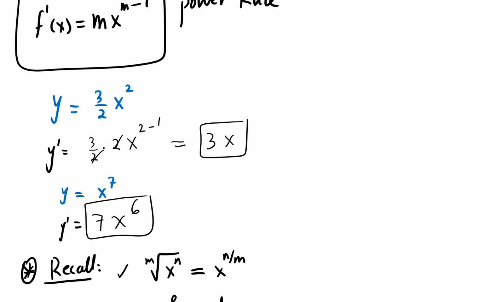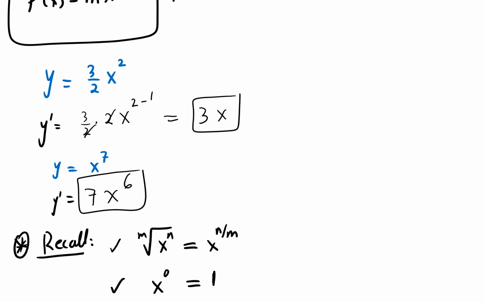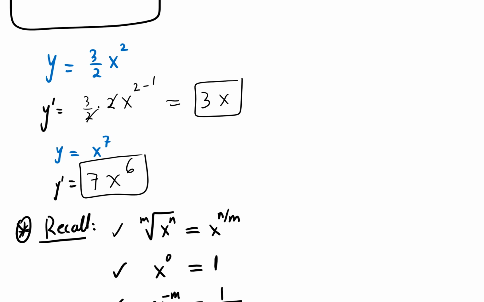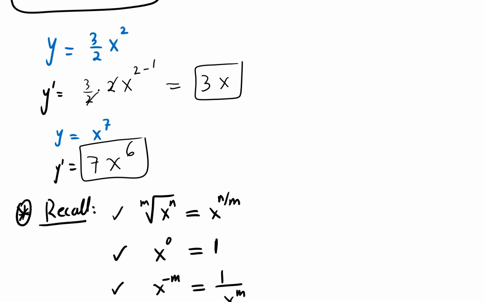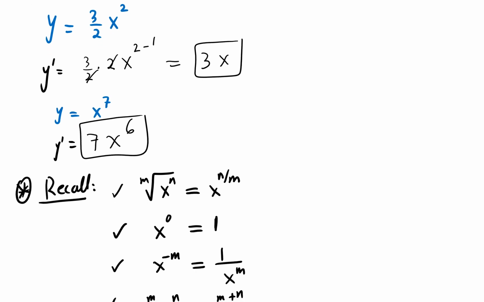Recall some properties of exponents that we use a lot here in calculus. The first one is the nth root of x to the m, you can write as x to the m over n, the inside over outside. Anything to the 0 power is 1. X to the negative m is 1 over x to the m.